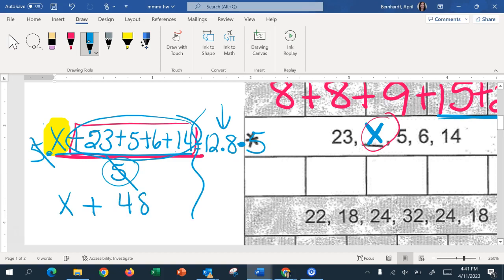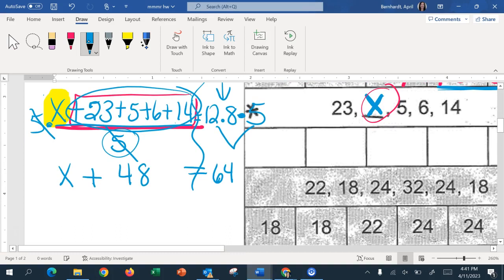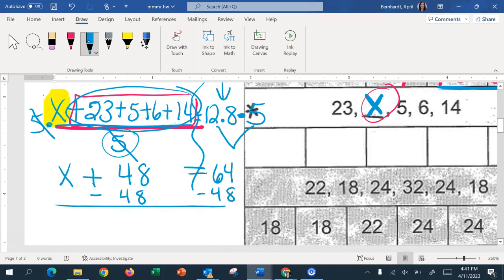So X plus 48. And then I'm going to do 12.8 times 5, and I get 64. From here, my last step to get X by itself is to subtract 48 from both sides. And maybe you could do this in your head. You could figure out what plus 48 equals 64.